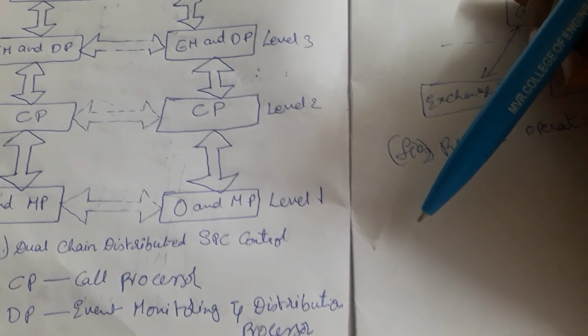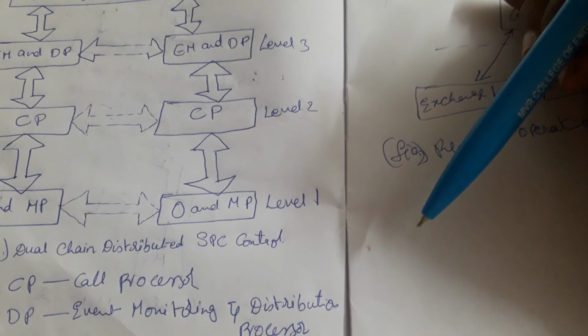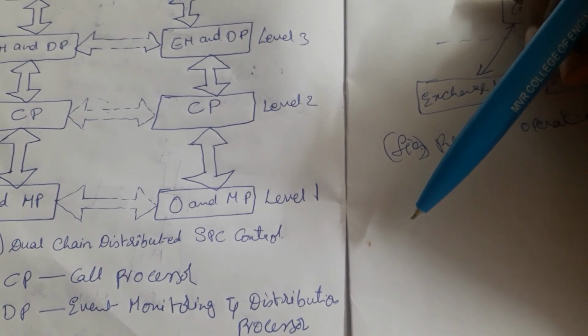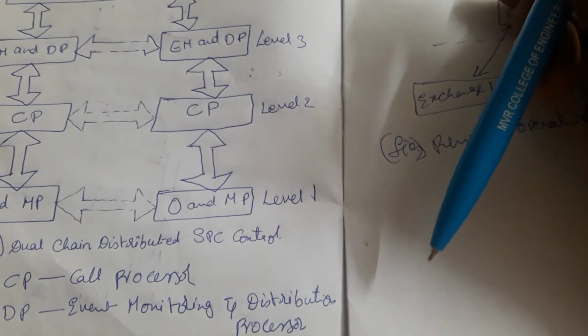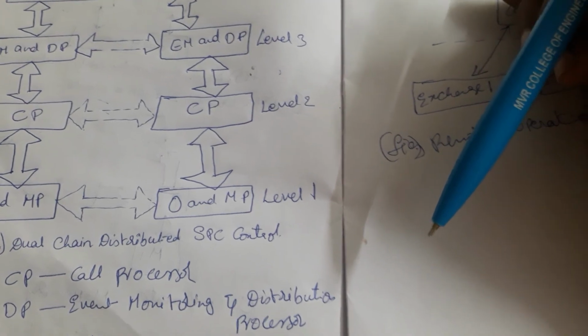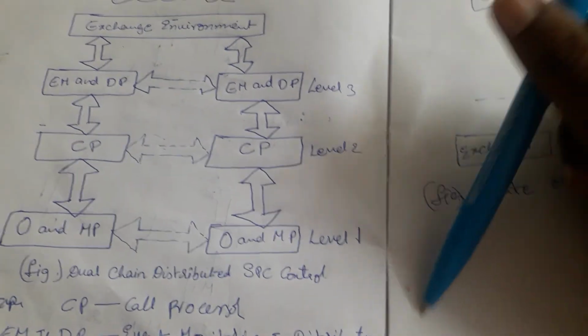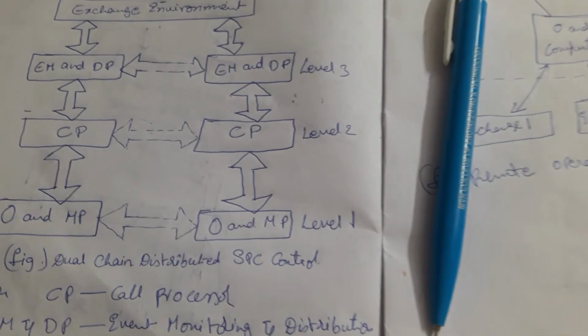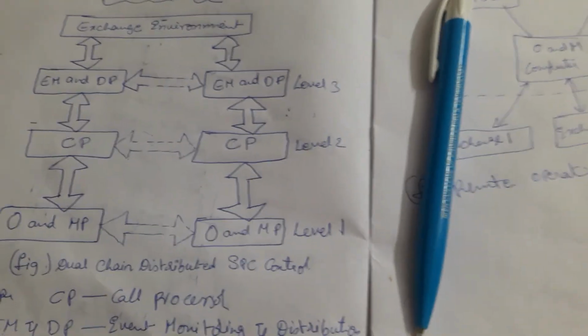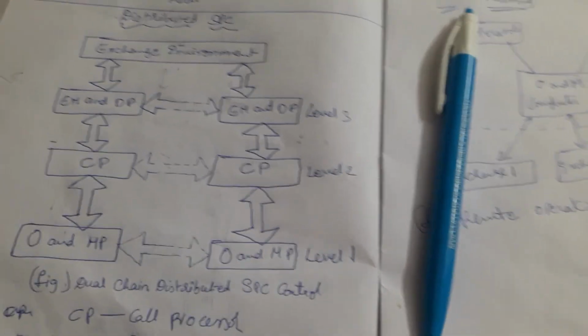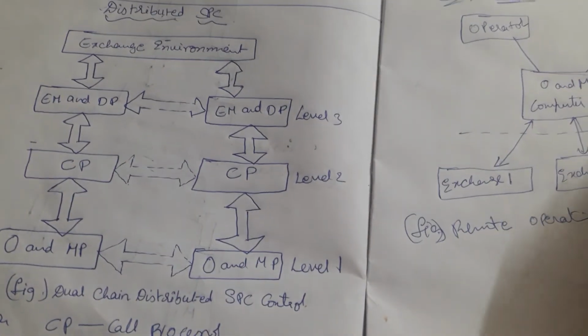A chain of distinct processors are employed to perform functions like environment monitoring, call processing, operation and maintenance. And there are three levels of processing: level 3 processing, level 2 processing and level 1 processing.